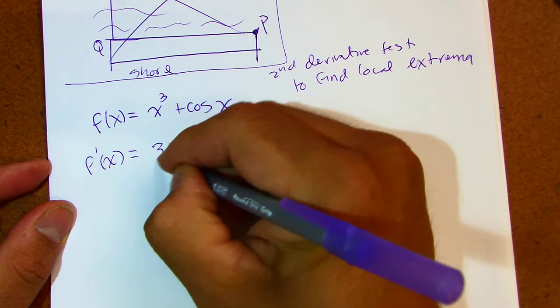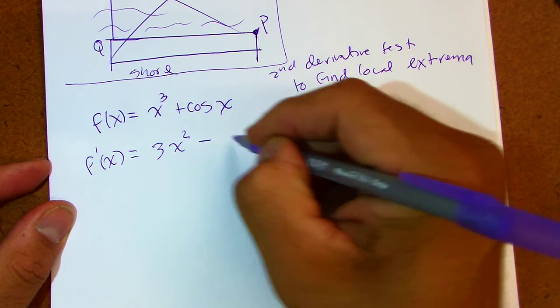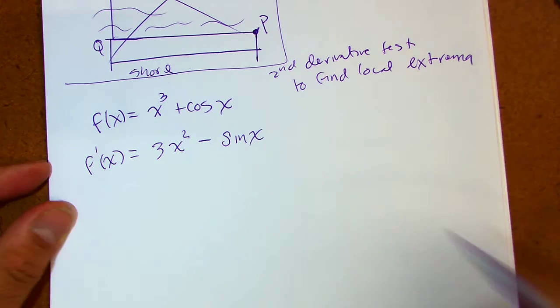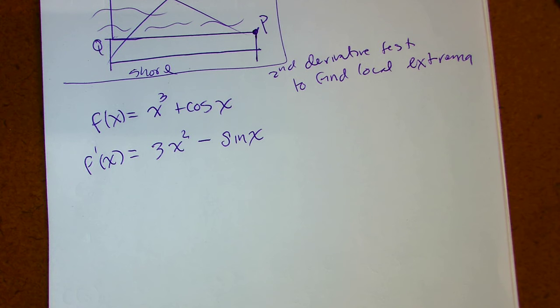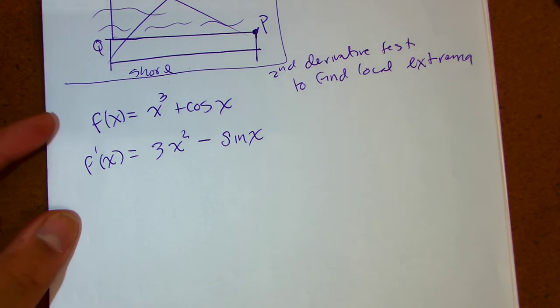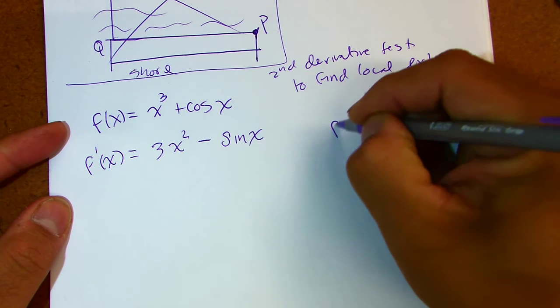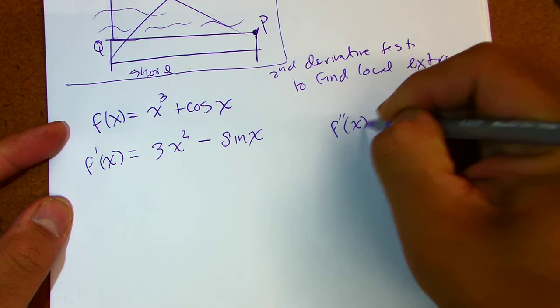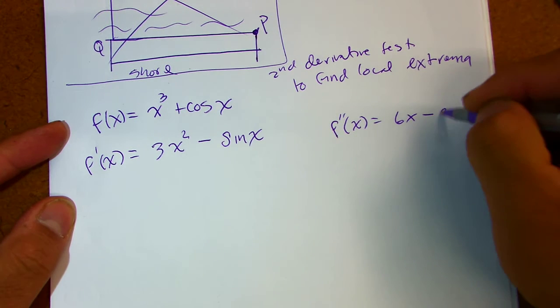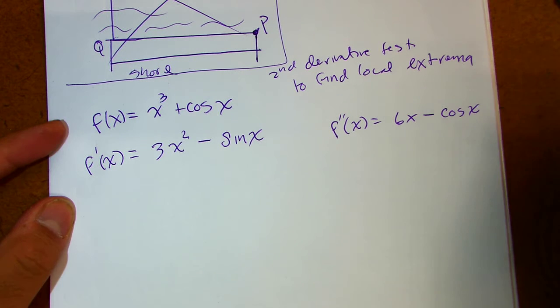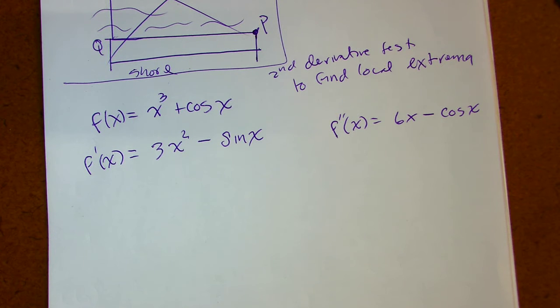Doing that, we get 3x squared minus sine of x. All right, and then here, all right.